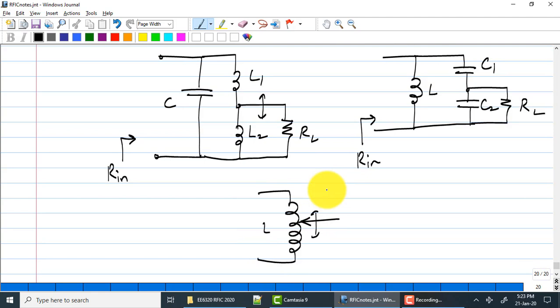If you had the option of changing that tap, the input impedance would keep changing as you change that tap. In the ideal case it would be a function of L2 by L1 somehow, or L2 by L1 plus L2, which is the same thing. That is why it is called a tapped inductor match, or tapped capacitor match. But what we will do is approach it from what we have seen before on the L match and pi match and so on.